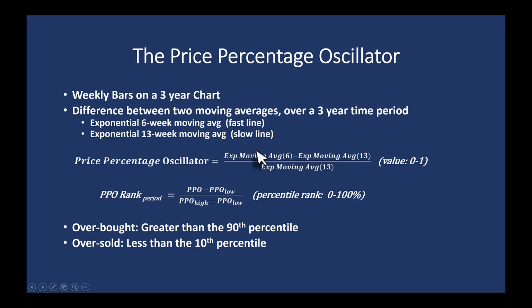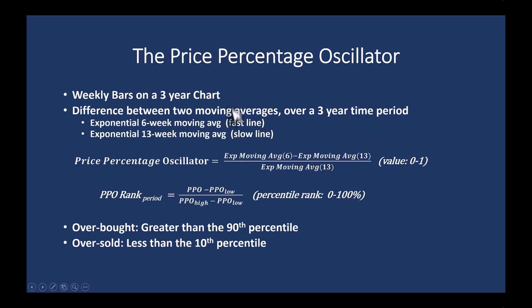That's the MACD of the stock for those two moving averages. And if you divide it by the exponential moving average for the slow line, the last 13 days, you're going to get a percentage. And that percentage is going to be anywhere from 0 to 1. So by itself, it's just telling you what the percentage is.